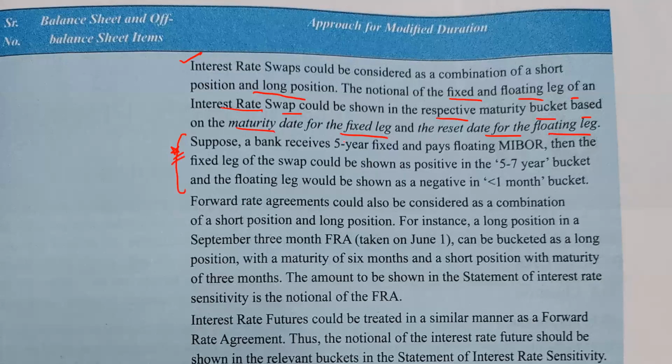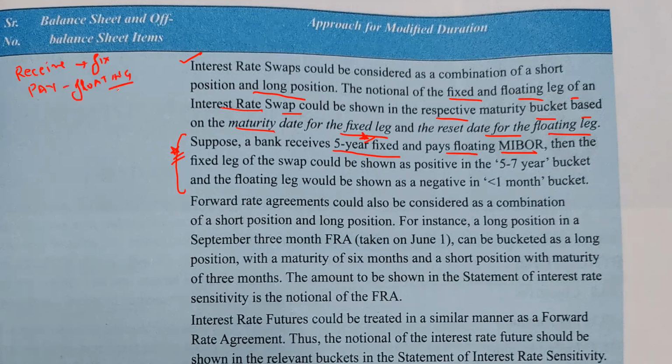We have discussed this: suppose a bank receives 5-year fixed and pays floating MIBOR. Here the bank will receive the fixed and pay floating.